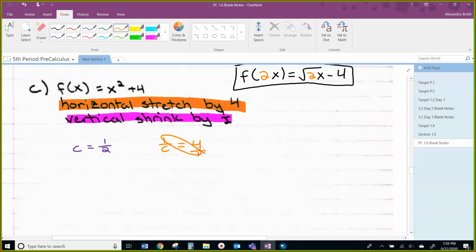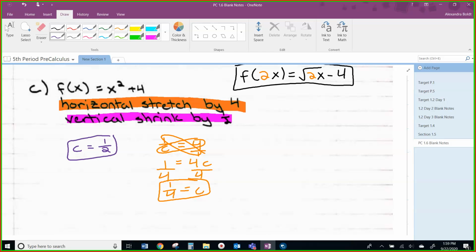So I get 1 times 1 equals 1. c times 4 equals 4c. So that's just finding out what we're actually multiplying by. If you remember things from last year, you can think of it as your reciprocal. We found the reciprocal of 4. The reciprocal of 4 is 1/4.